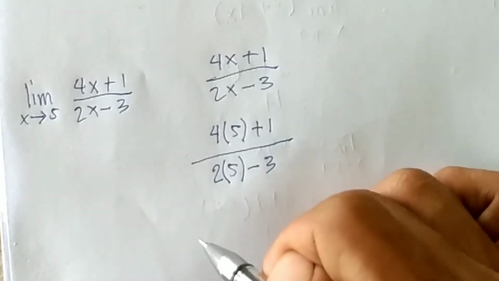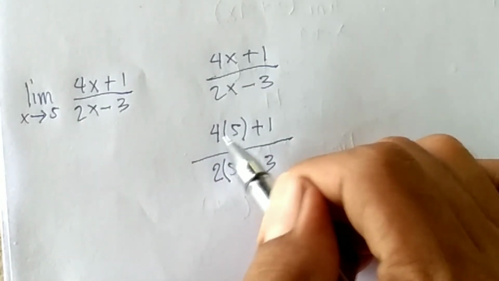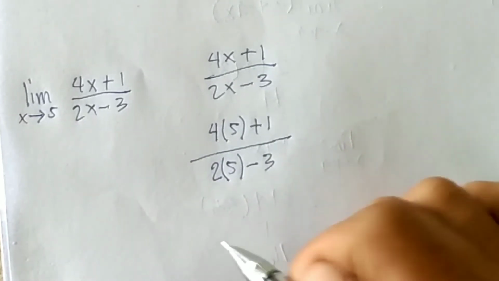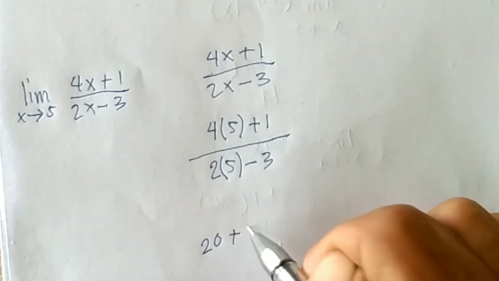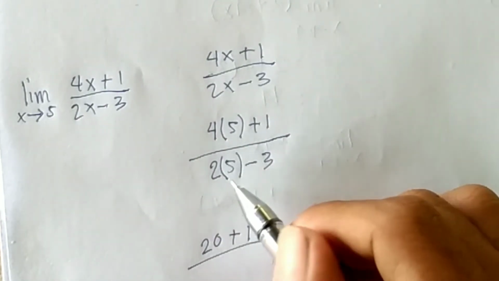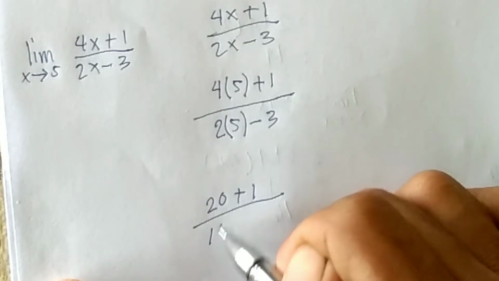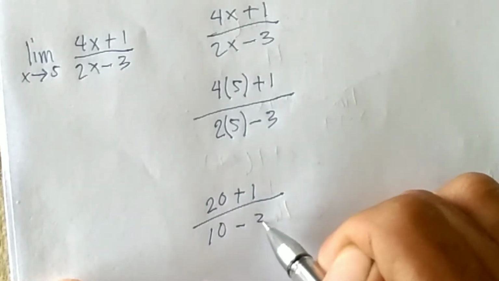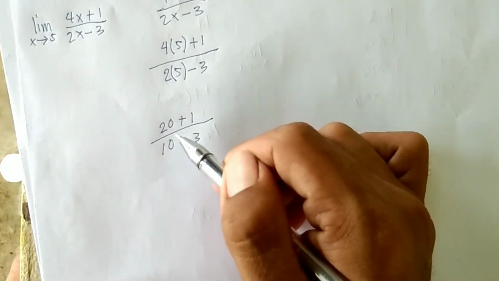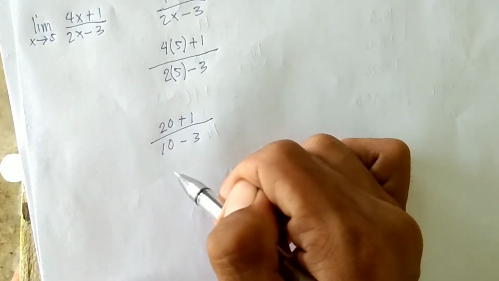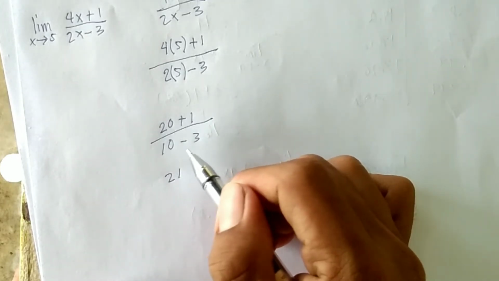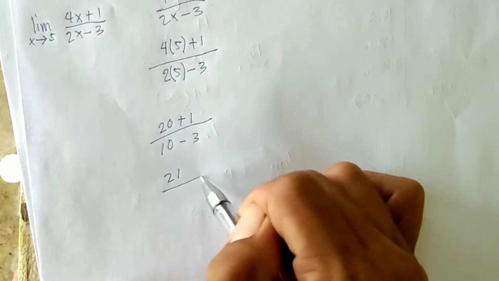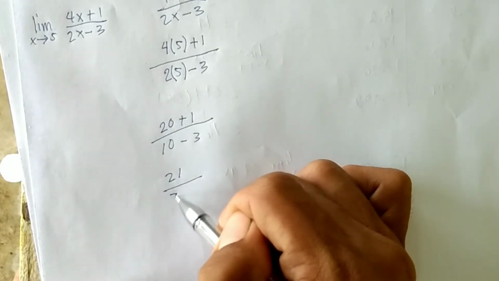So, ang next step natin, 4 times 5 is 20 plus 1 over 2 times 5, 10 minus 3. Tapos, 20 plus 1 is 21. Yung 10 minus 3, 7.